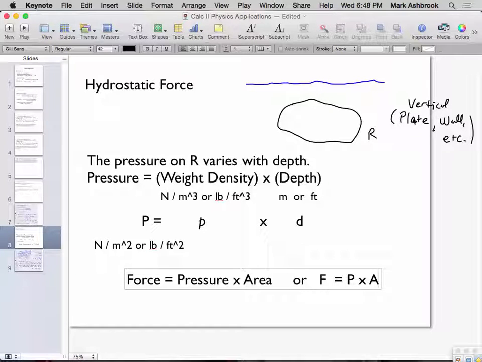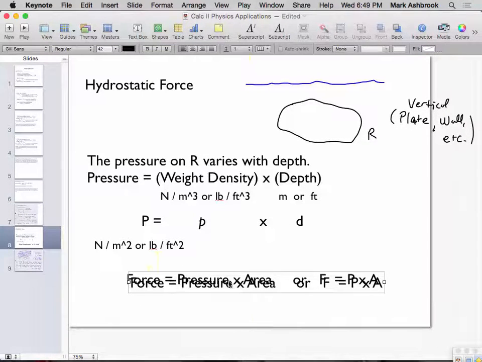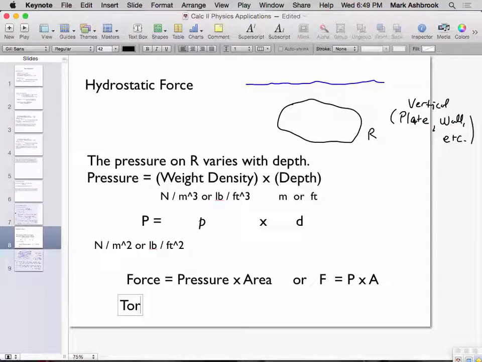And so if we want to total up how much force is on that region or on that vertical wall or plate, it's going to be a function of pressure, which is continually changing as you go deeper, right? So this is a perfect chance for an integral. And so if we want total force, what's the strategy going to be?